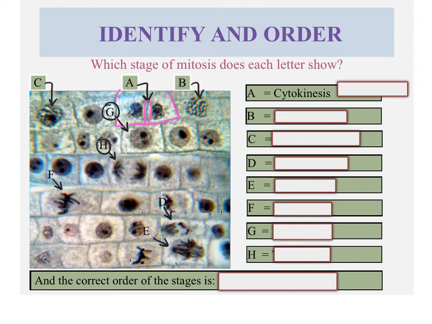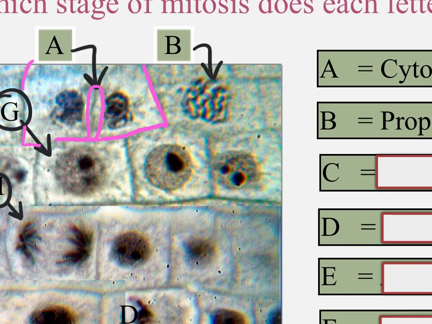Hello again. Hopefully you enjoyed that game of horrible cell images. Going through the answers then. A was cytokinesis, we said that together. B is late prophase. Now we know this is late prophase because if we look very closely, I'm going to try and zoom in again and not ruin it, we can see some of the bigger chromosomes in the wiggly structures.